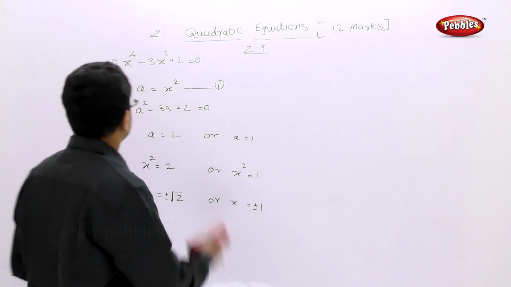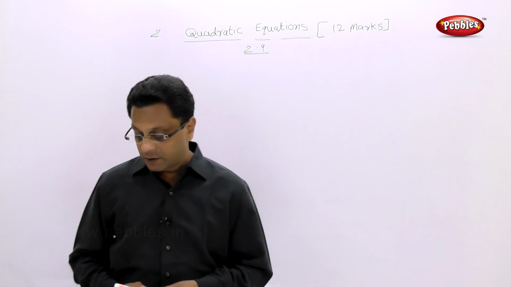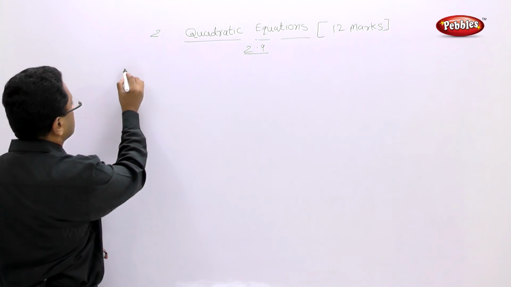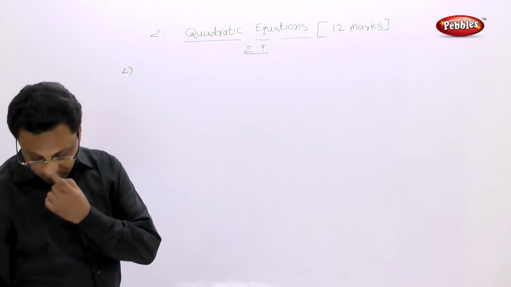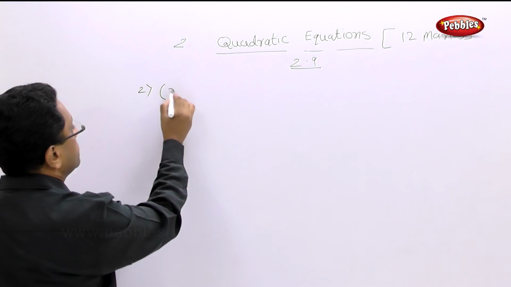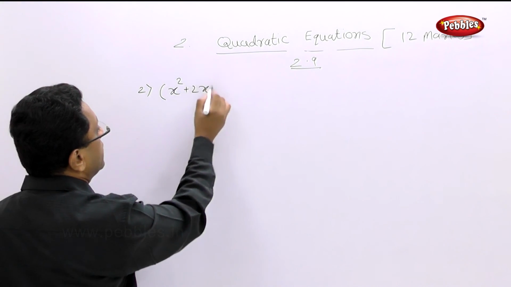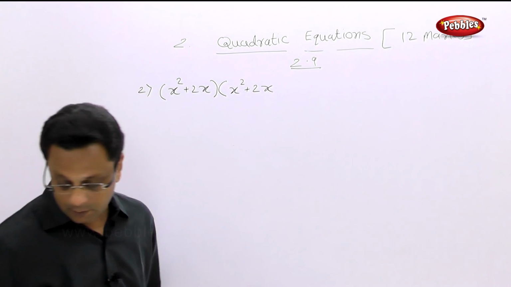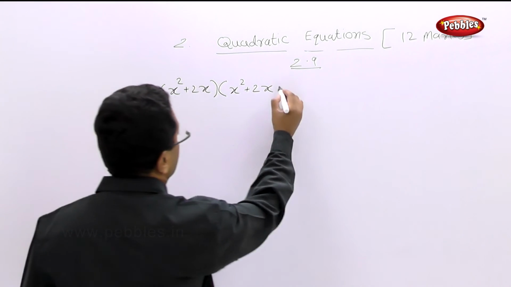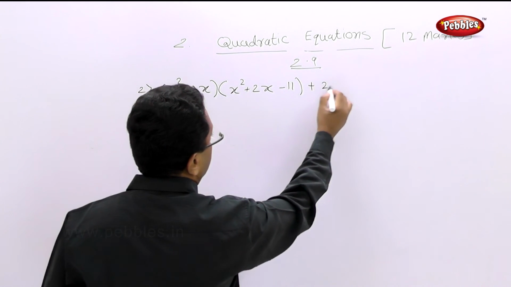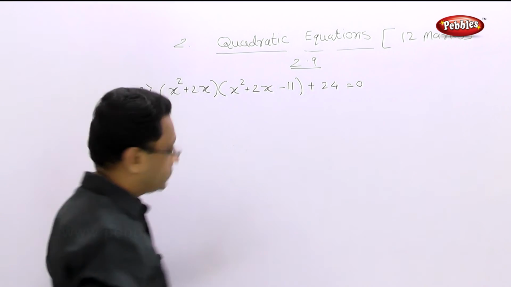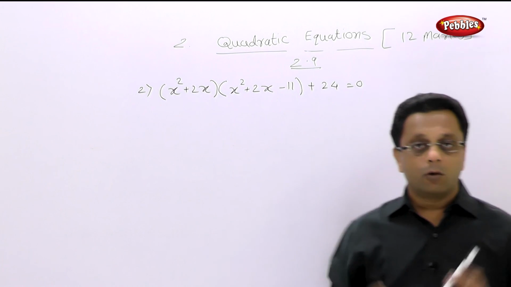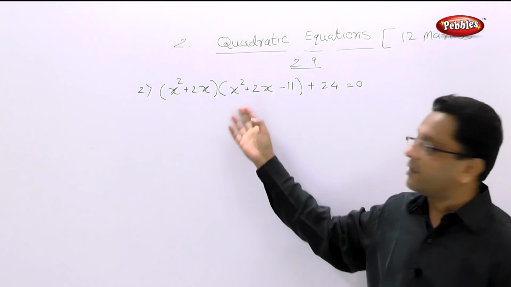Okay, so let's move to the next example. The next example is example number 2. x square plus 2x, x square plus 2x minus 11 plus 24 equal to 0. Now don't try to multiply the bracket and find out the answers.